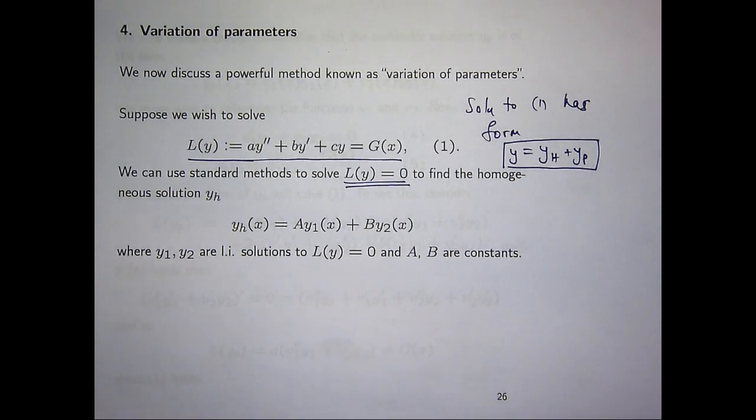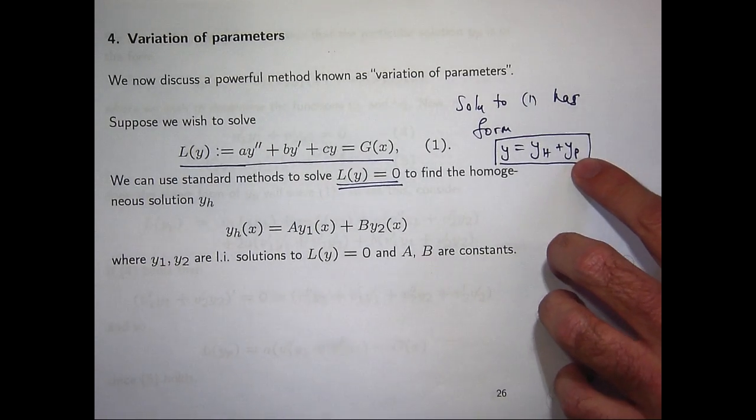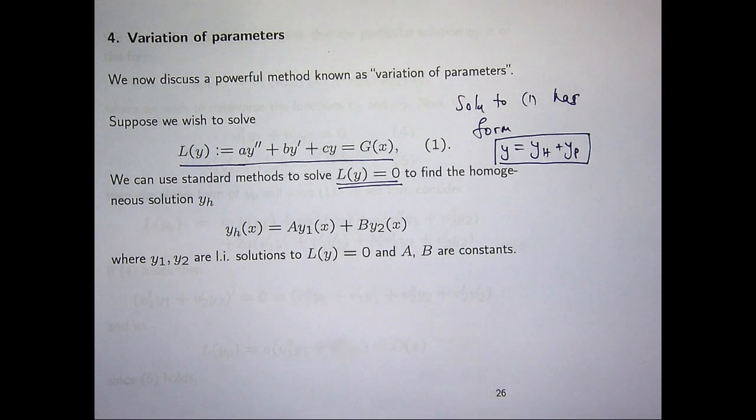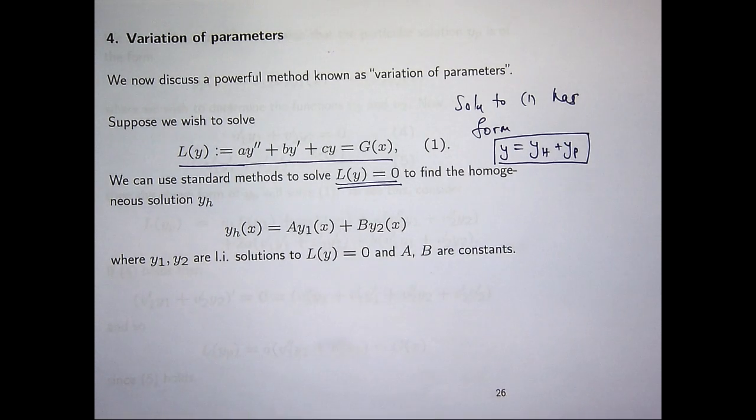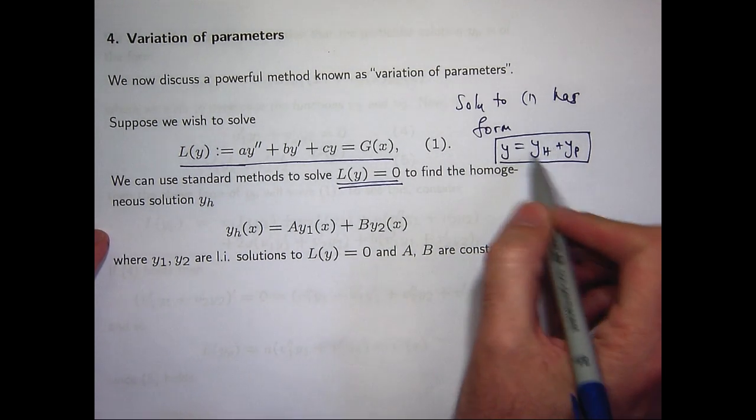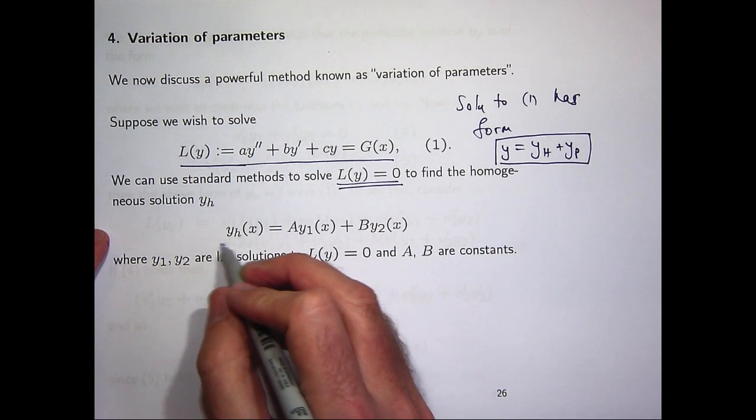And this y sub p is a particular solution that we construct in some way to the original, more general, non-homogeneous or inhomogeneous problem. In previous lectures, we've learnt how to build y sub h.